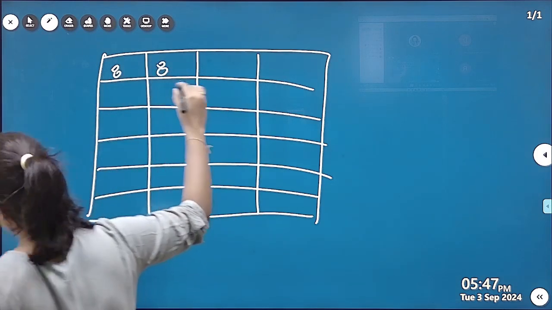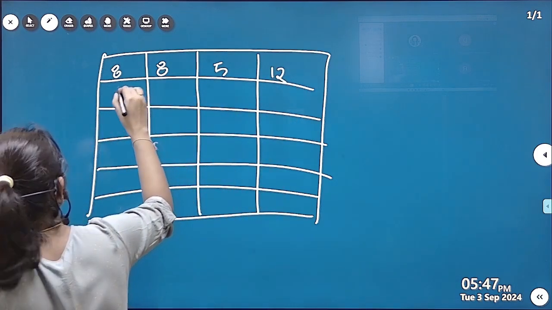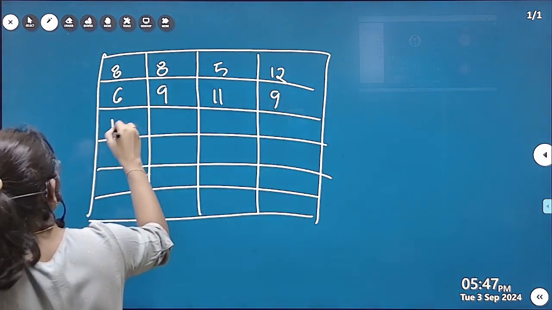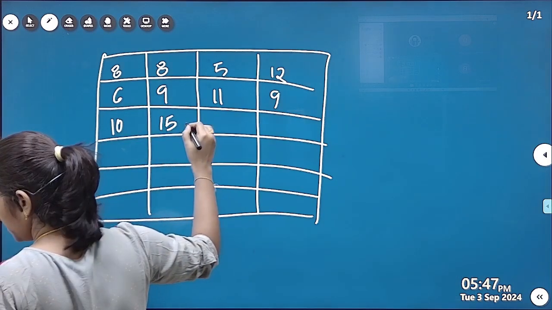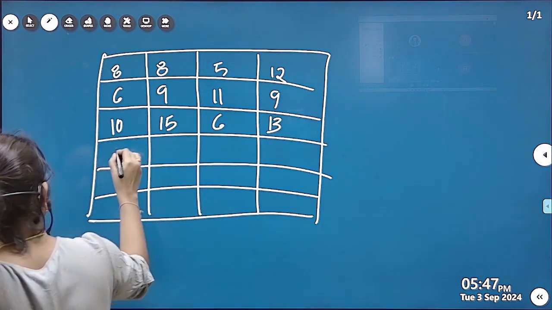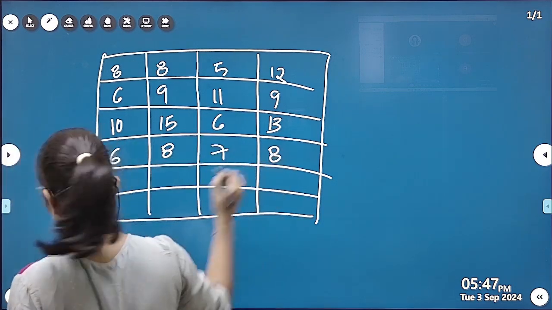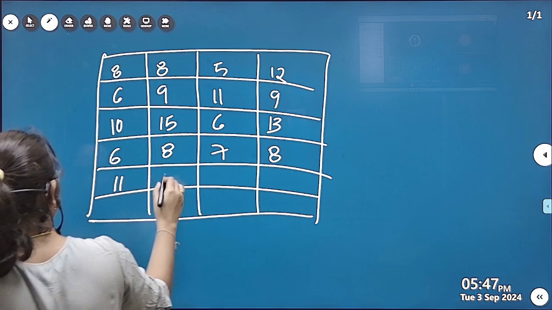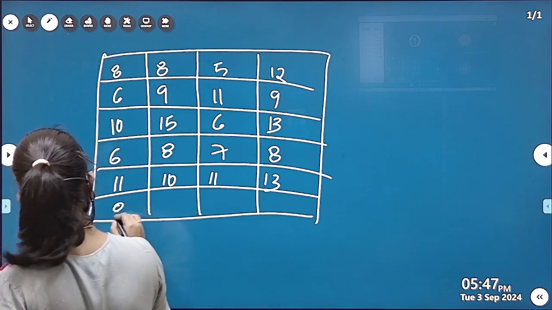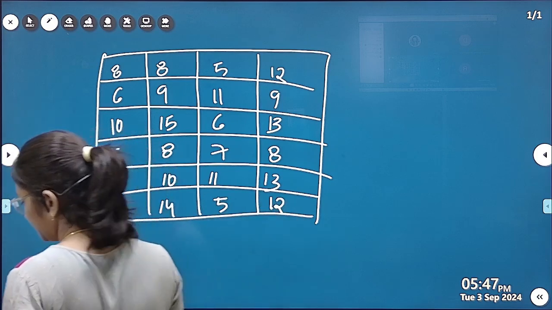Tell me. 8, 8, 5, 12, 6, 9, 11, 9, 10, 15, 6, 13, 6, 8, 7, 8, 11, 10, 11, 13, 18, 14, 5 and 12.